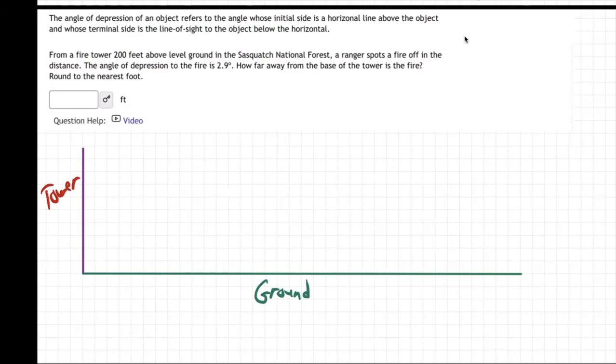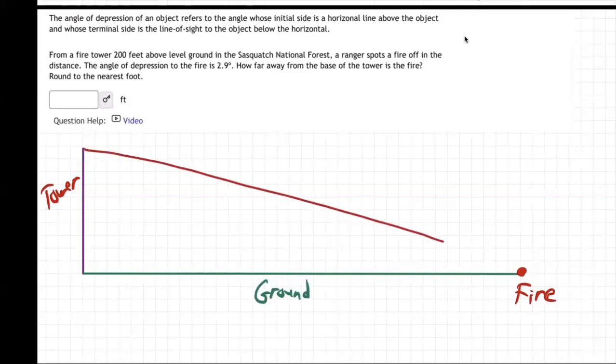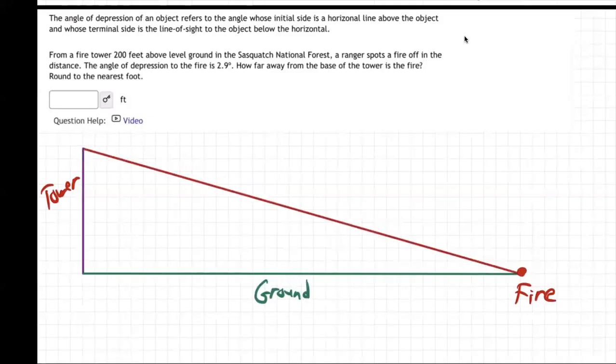And there's a fire way over here. And the angle of depression, let's draw the line straight to the fire there. Okay. This is the horizontal, right? That's flat.